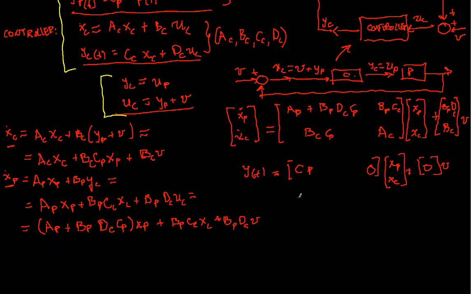In other words, in this way we can identify the three matrices which describe the interconnected closed loop system dynamics. So this is ACL, BCL, and CCL. Okay.